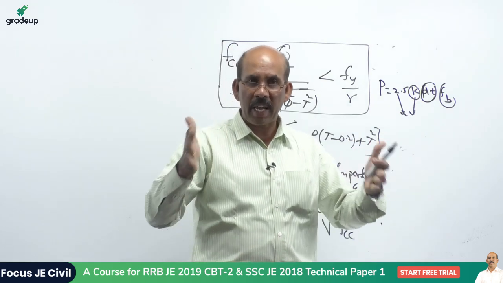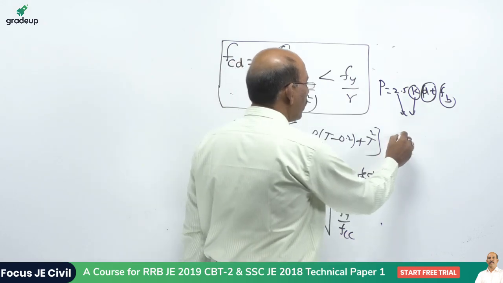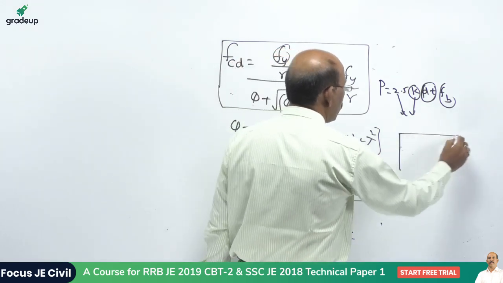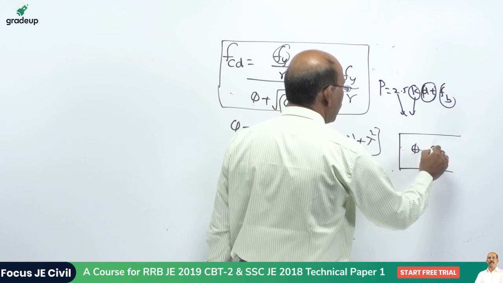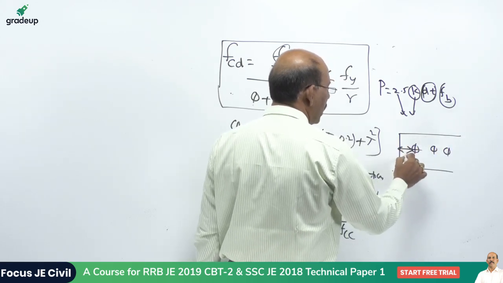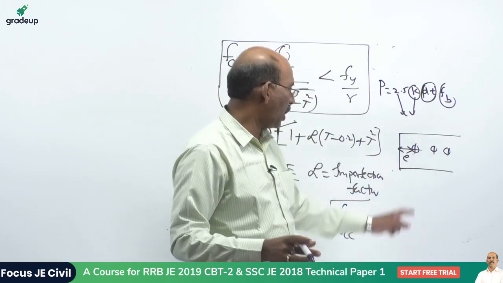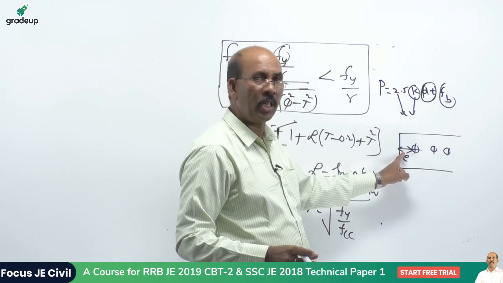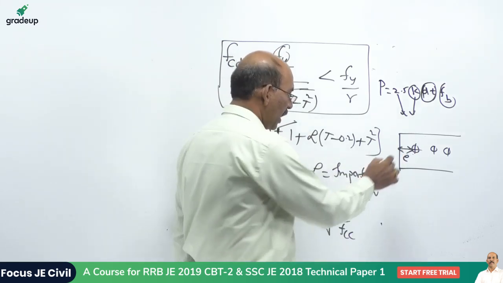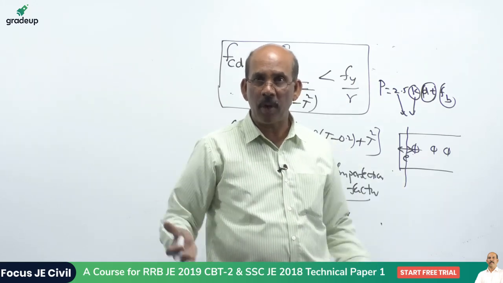K is taking care of two parameters, one the failure of the plate. If this is the rivet, and this particular edge distance is very less, if you are not maintaining proper edge distance, naturally this rivet is very near to the plate, so the crack will develop, and in this case the plate is going to fail.